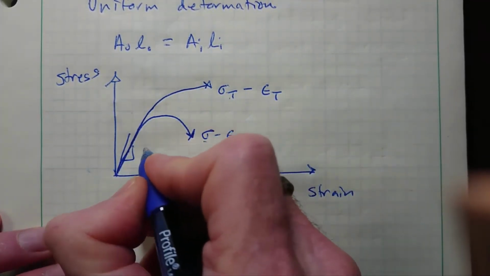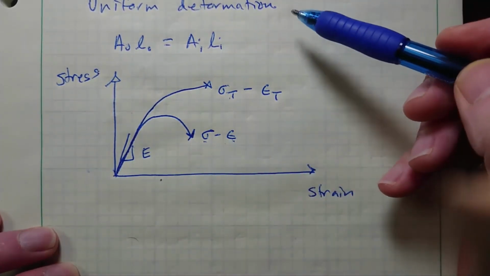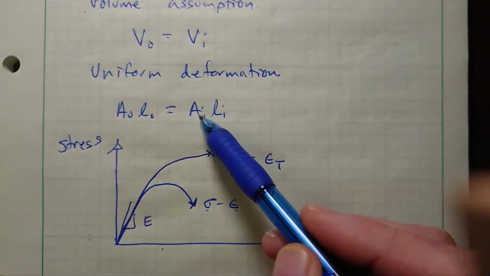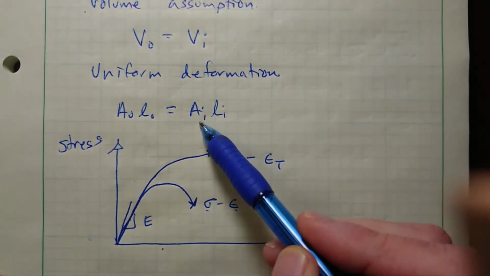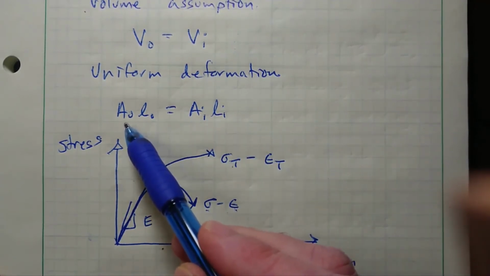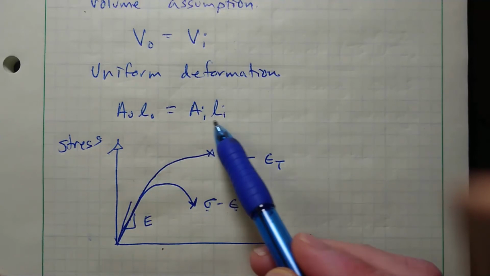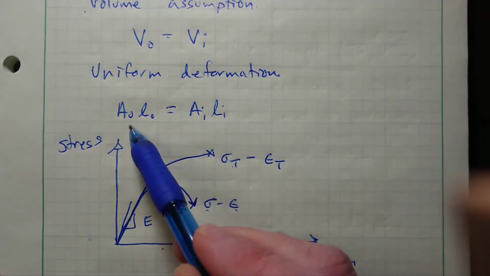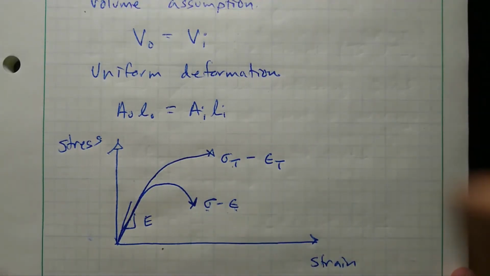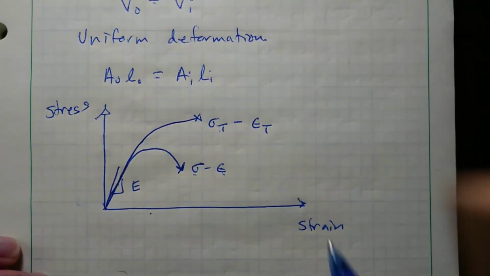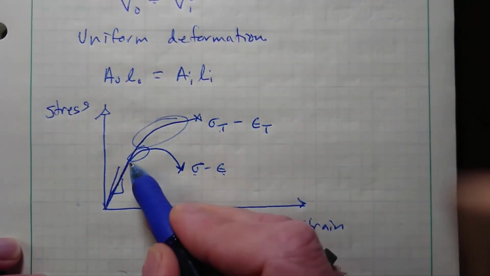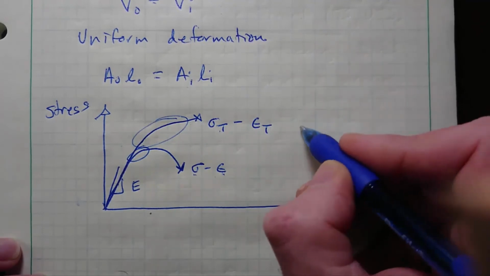Both have the same slope, but as the initial area and initial length start to differ significantly from the instantaneous or actual area and length, then the true stress and strain curve starts to deviate from the engineering one. Now, in both cases, there's this thing that's going on right here where the stress strain curve is rising.